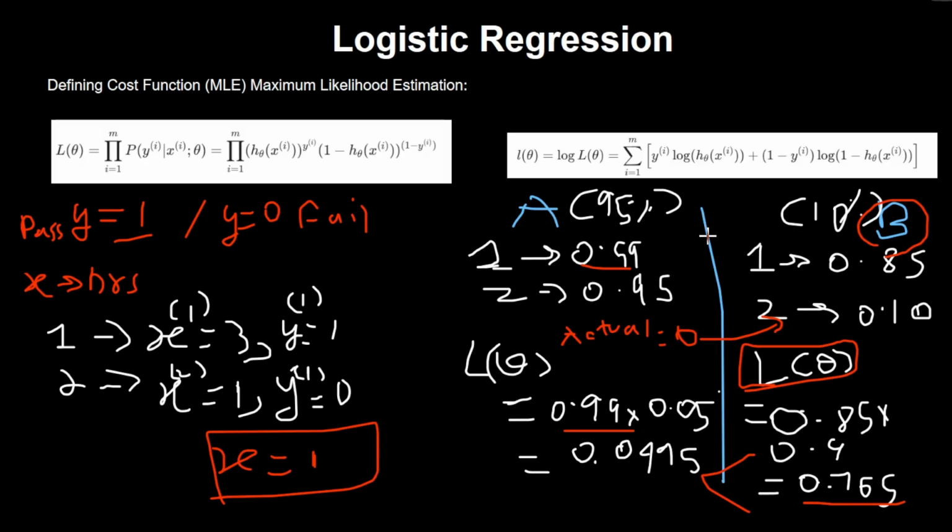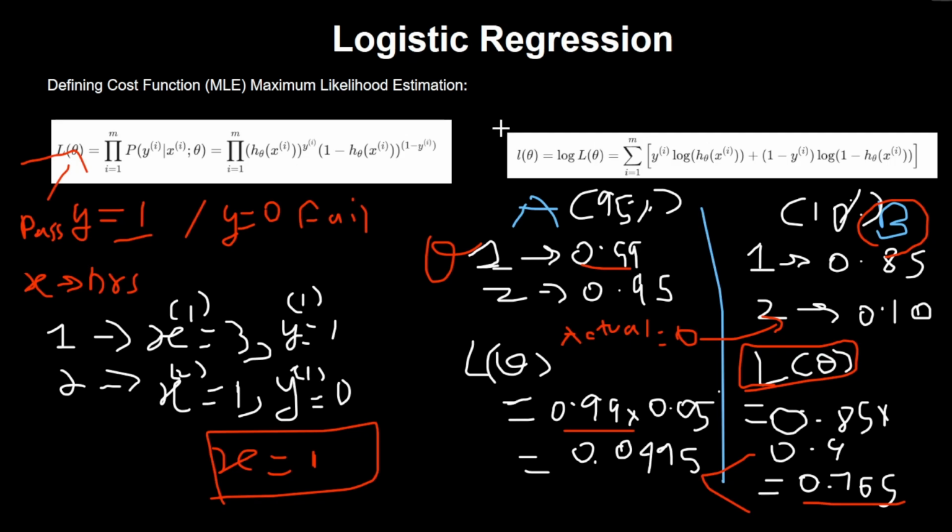So the goal of maximum likelihood estimation is to find a set of parameters theta that results in the highest possible likelihood value. A perfect model that correctly classifies every data point would have a likelihood of 1, or a number very close to 1, as the probabilities for each correct outcome would all be very close to 1.